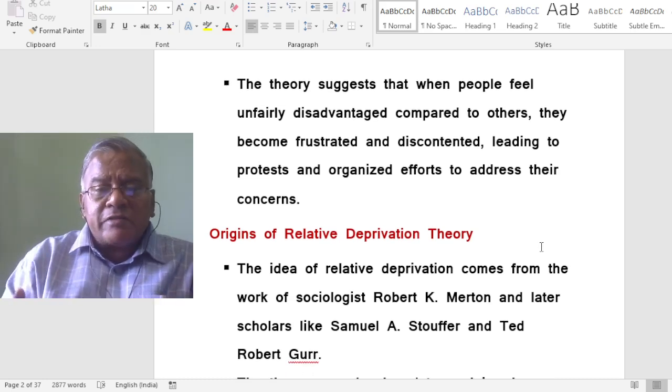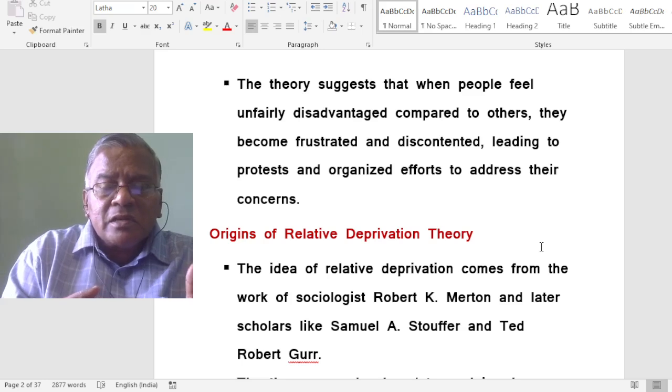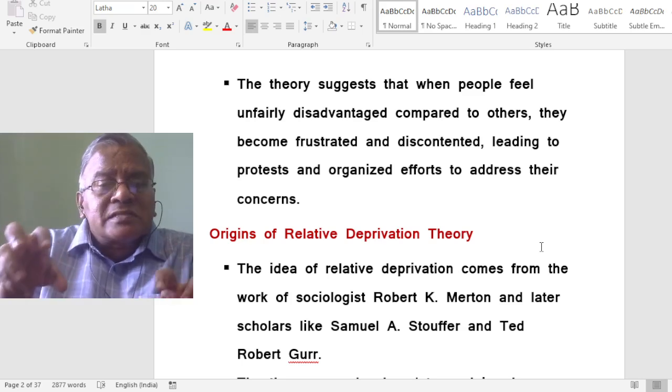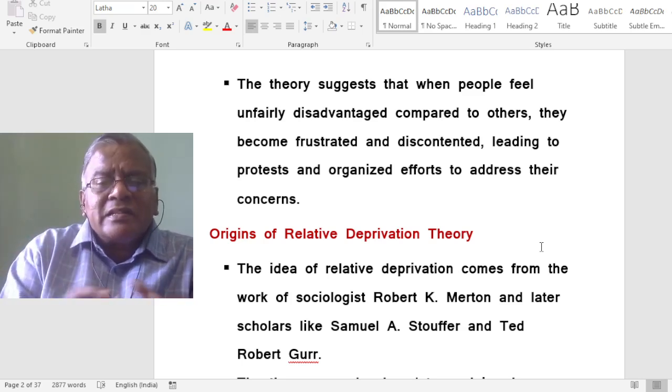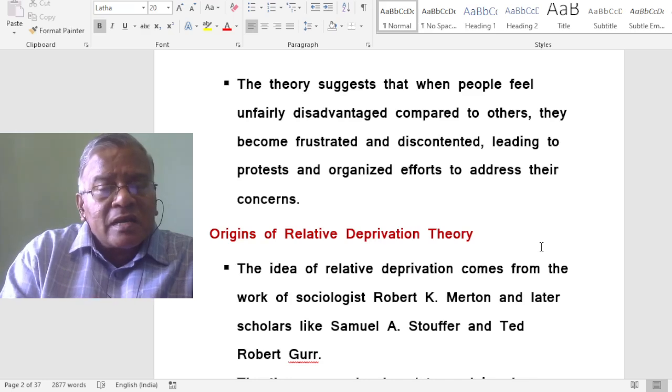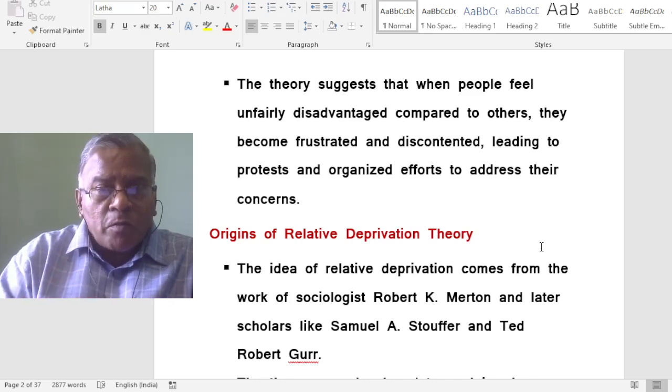So when it is not given, they organize themselves, they protest against that, they believe that certain benefits are their own and it is not given to them, somebody is controlling them, then they indulge in protest and make organized efforts to address their concerns and problems.